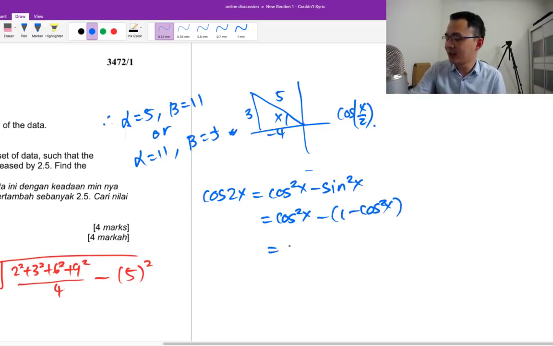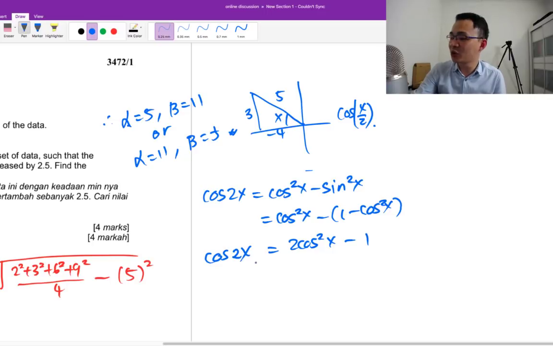Then I will actually have 2 cos square x minus 1. I guess this is what I want. Okay, so this is the formula for 2x. Now what I will do is I want to change my x to become half x.